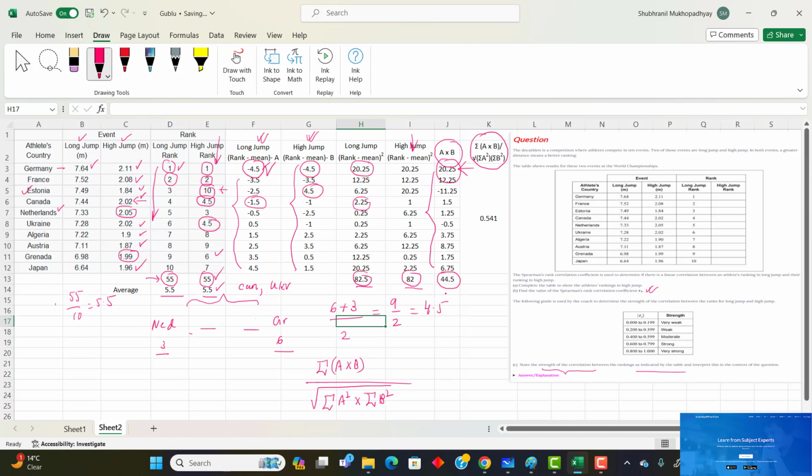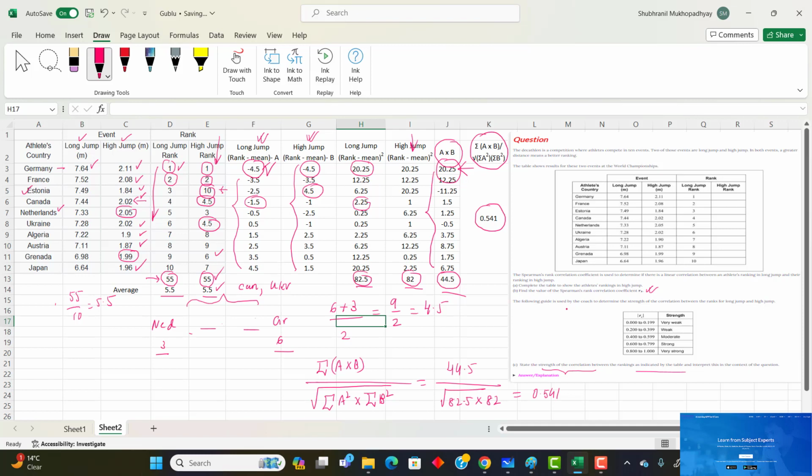Now once we use this formula, we find that this comes out to be 44.5 over here divided by square root of 82.5 multiplied by 82, which comes out to be 0.541. So this gives us the Spearman correlation coefficient.